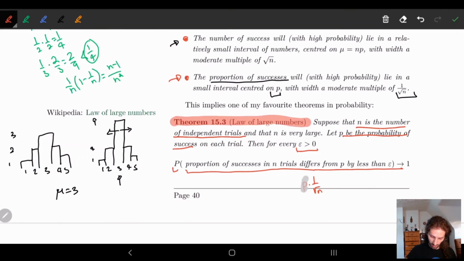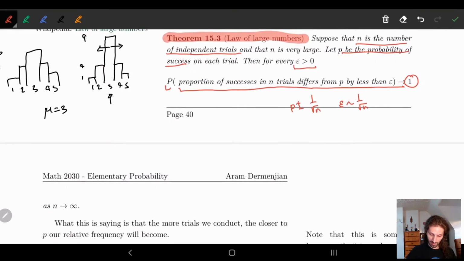So this epsilon is going to be roughly like 1 over square root of n, right? This is kind of where we're going with this idea. And as this gets bigger and bigger, this is going to go to 1. So basically you can think about this as n goes to infinity.